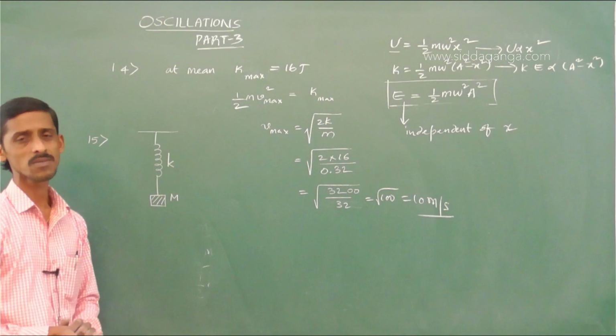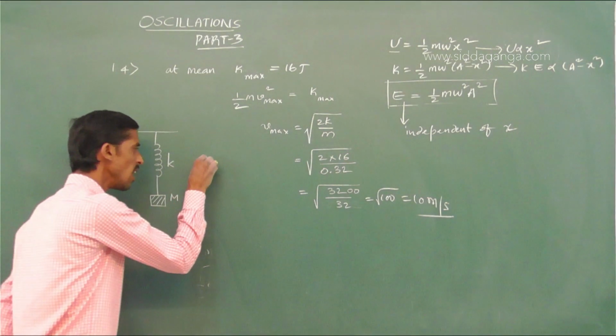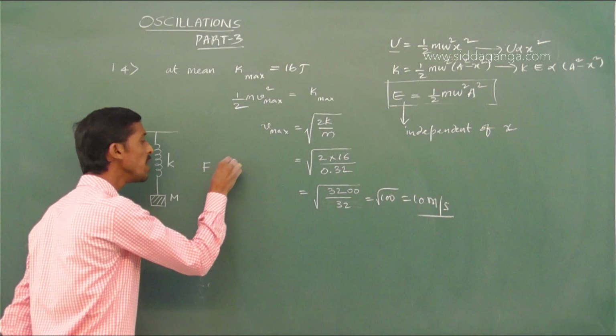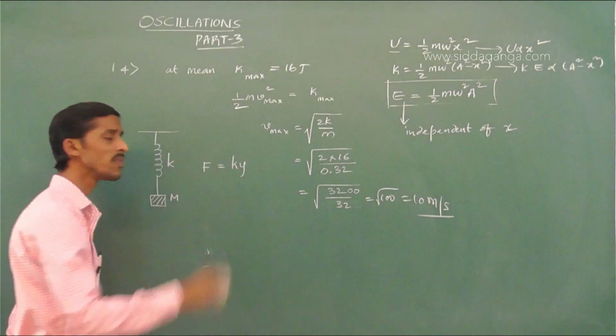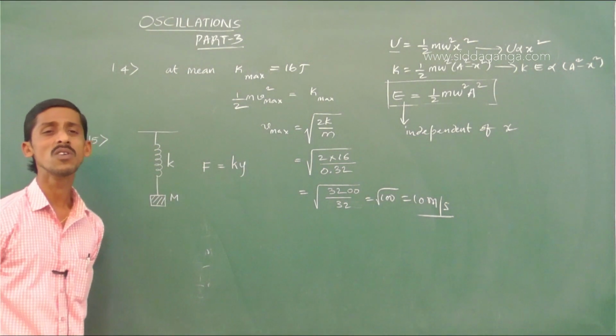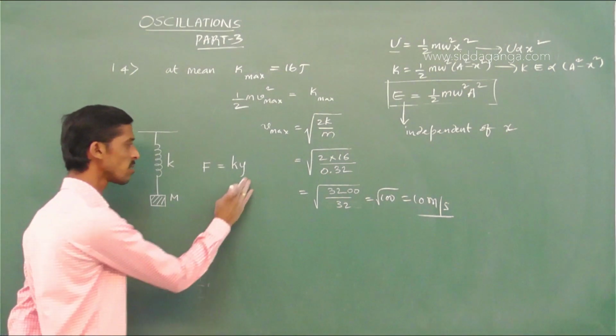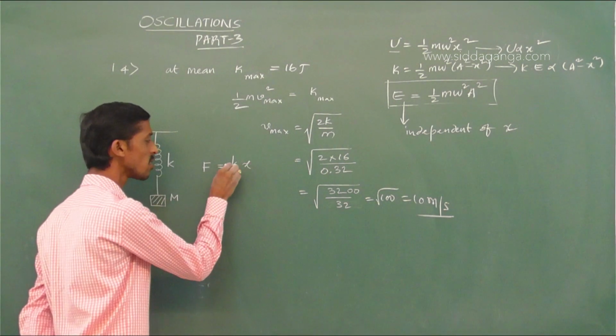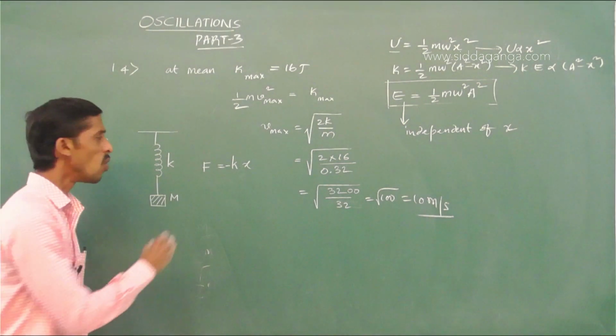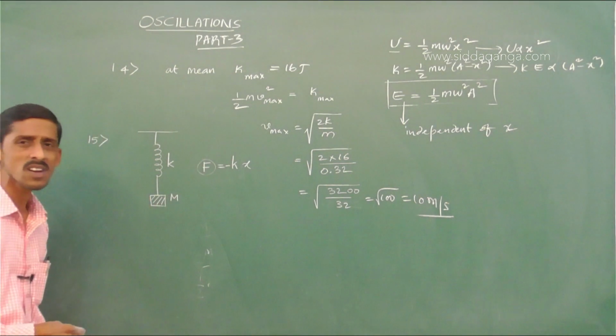We know a spring obeys Hooke's law, F is equal to minus kx. Why is the spring stretched?